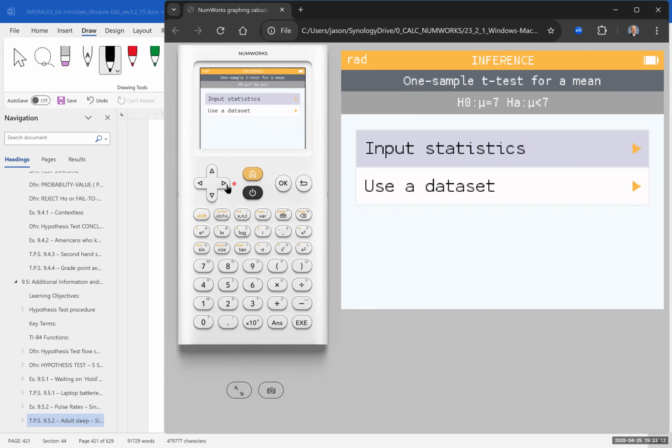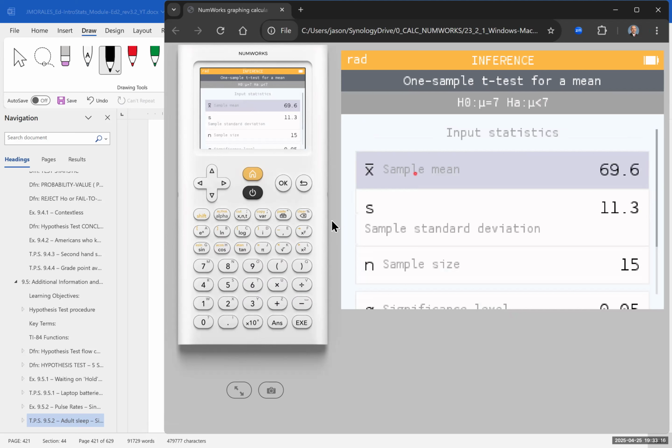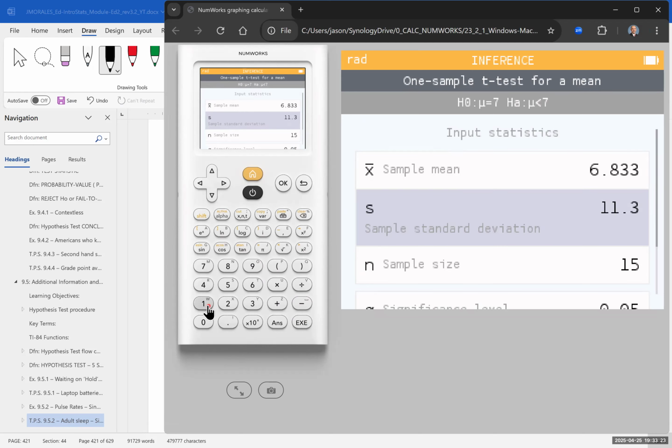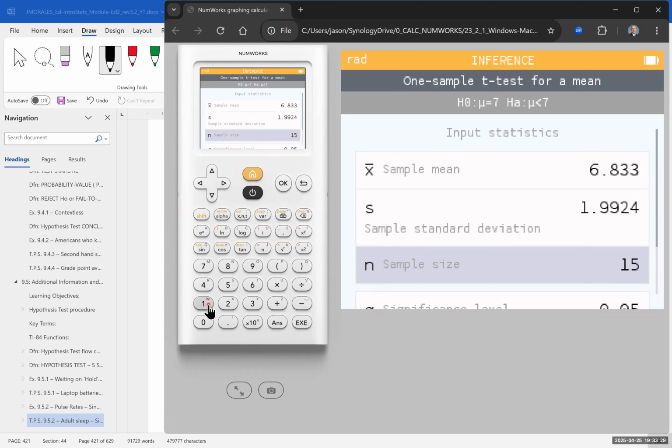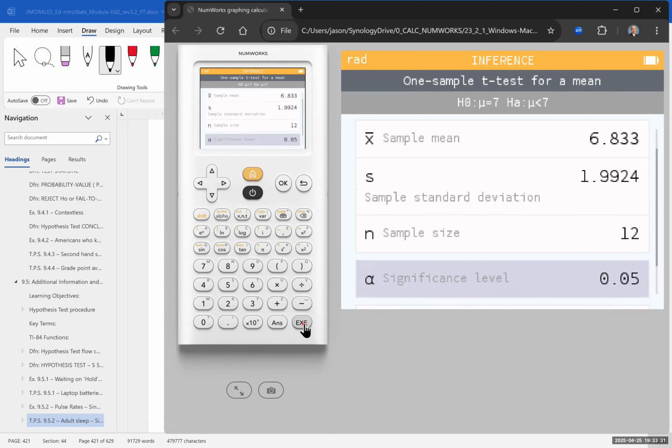We are going to input statistics. We've got a sample mean of 6.833, sample standard deviation of 1.9924, sample size of 12, and a significance level of 0.05.